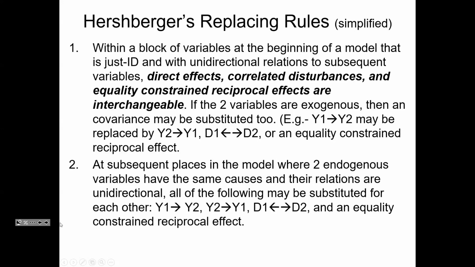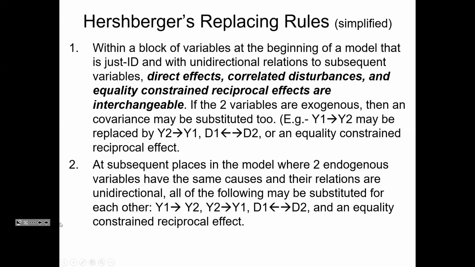So if y1 predicts y2, you can replace that with y2 predicts y1, or the disturbances of y2 and y1 are correlated, or an equality constrained reciprocal effect, which we're going to talk more about next week. That means y1 predicts y2 and y2 predicts y1, but we make an equality constraint on that reciprocal causation. And at subsequent places, you can do all of those substitutions.